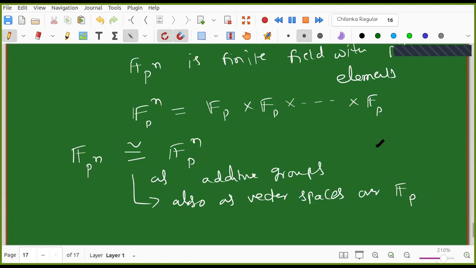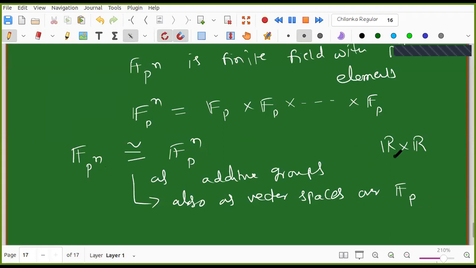Remember that in the previous class I told you about R cross R: we need to define multiplication in such a way that it becomes a field. It is possible. If you just multiply component-wise, it is not, but there is a way.